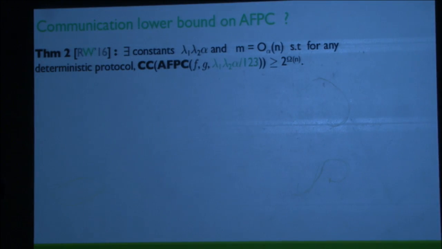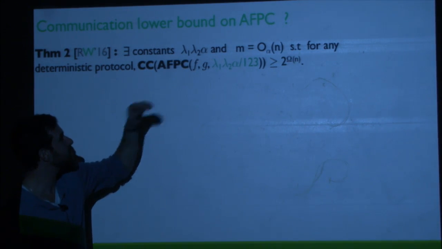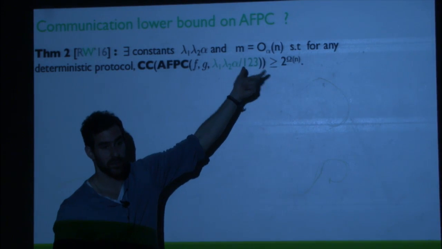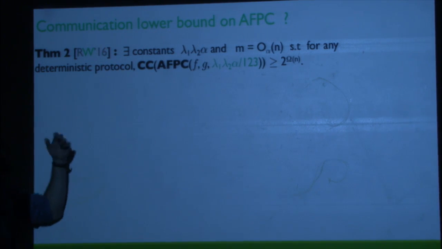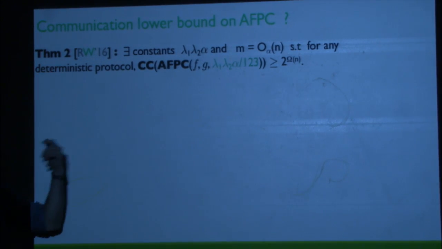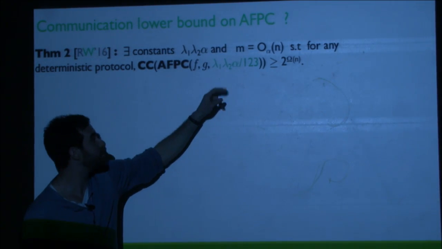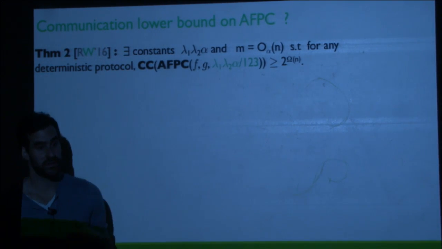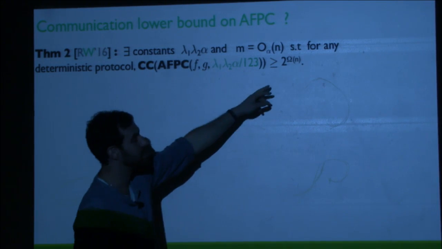And our main result is that there are constant parameters, lambda 1, lambda 2, and alpha, and a linearly related dimension m, such that any deterministic protocol that finds not a lambda 1, lambda 2 alpha fixed point, but a lambda 1, lambda 2 alpha over some absolute constant, this problem requires exponential communication.